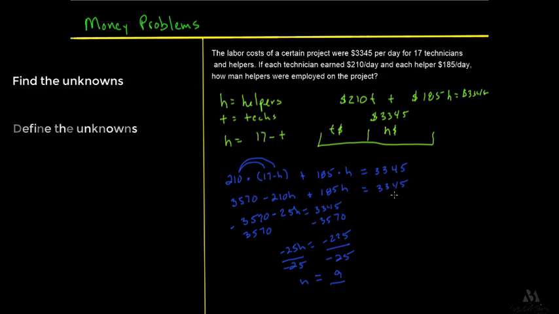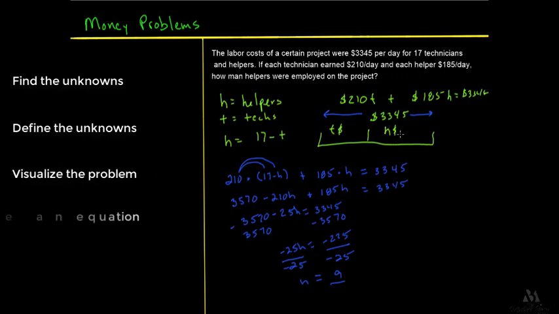I knew that had to be the case. I actually drew myself a little graphic that said the total amount was 3345, and I could figure that out by how many technicians I had times their pay and how many helpers I had times their pay. So that gave me an equation to work off of.